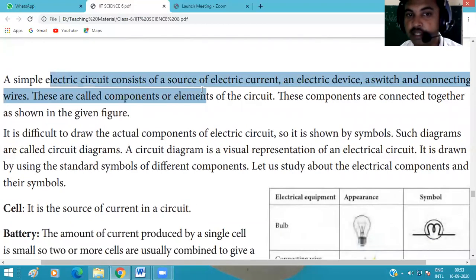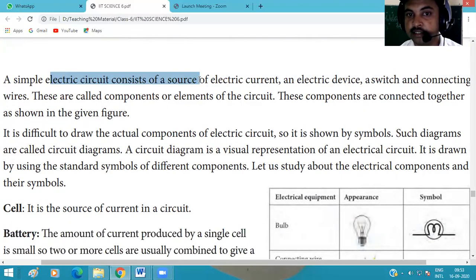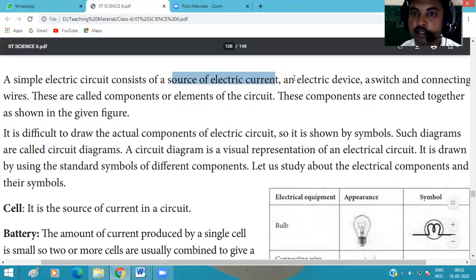A simple electric circuit, we already discussed, consists of some components. Which components do we need? A source of electric current, that is a cell, an electric device, that is a bulb, a switch, and a connecting wire.